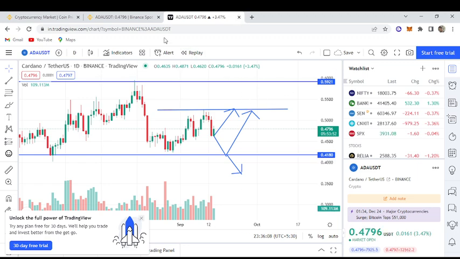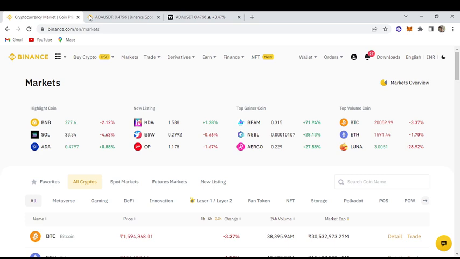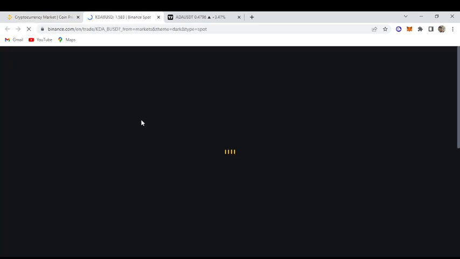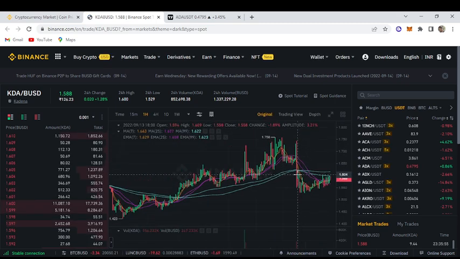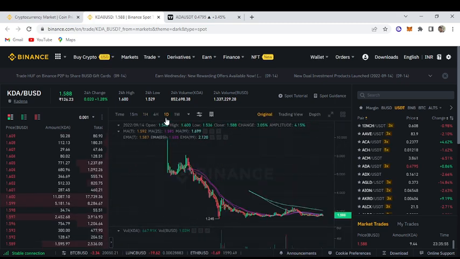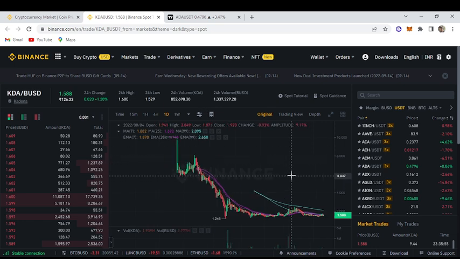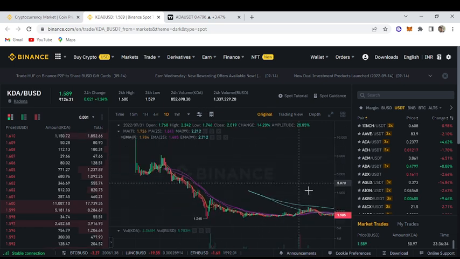I'll just not leave that. There's a highlighted coin. There are some new listings, so we will not get a very good chart for the new listings because they were just recently listed on Binance. Oh no, actually there is a good chart right there.